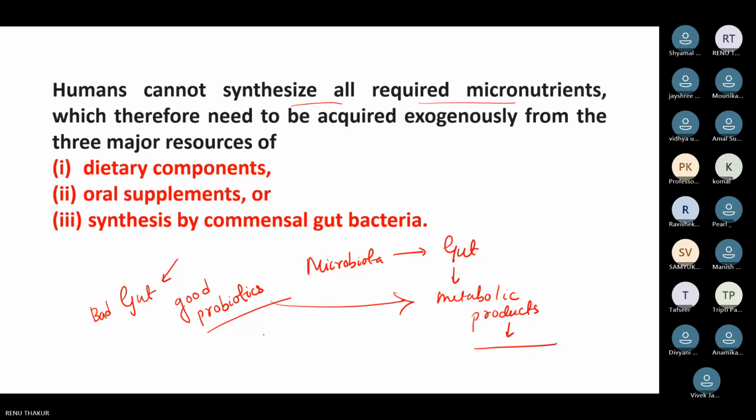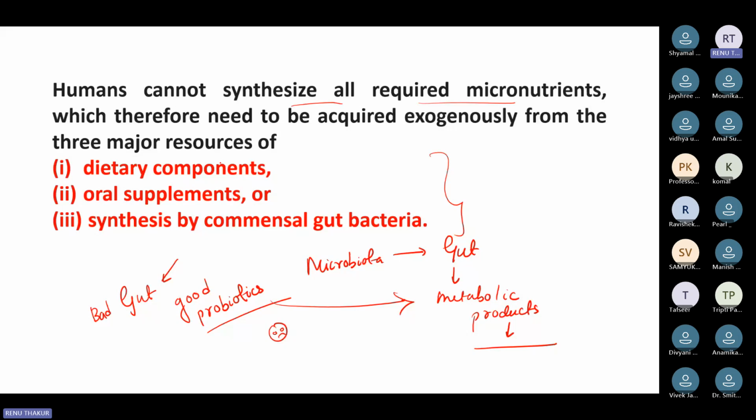If a person does not have a good microbiome, then dietitians may prescribe a probiotic having a good composition of healthy gut bacteria. They may take it to maintain the normal metabolic machinery, and then they will normally synthesize the metabolic products, so there will be no deficiency of vitamins and minerals. If our body is not producing micronutrients, these are the sources from which we can derive them.